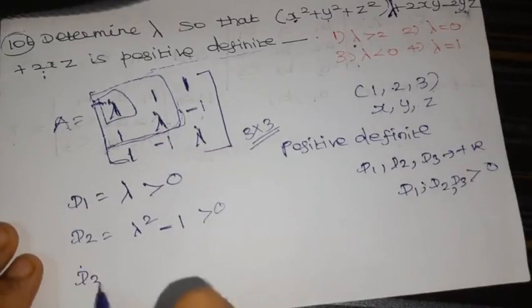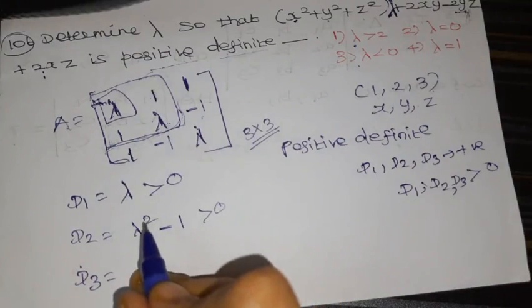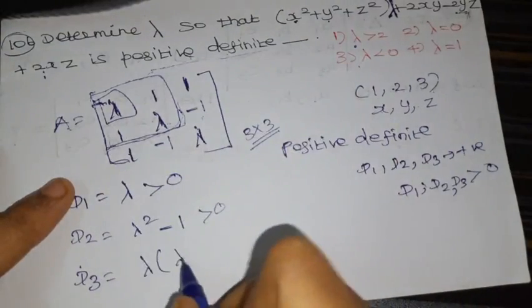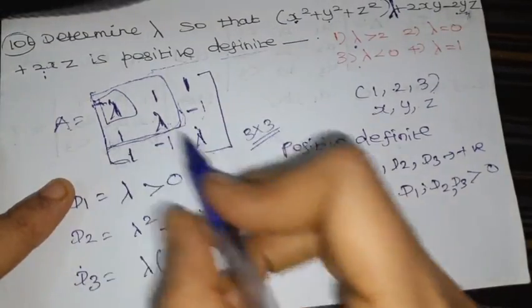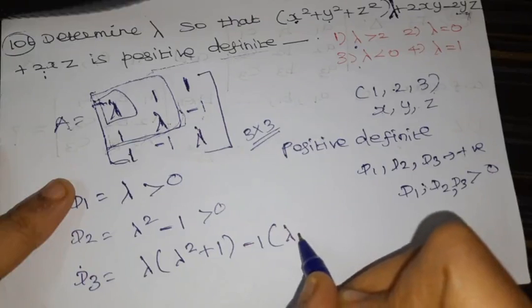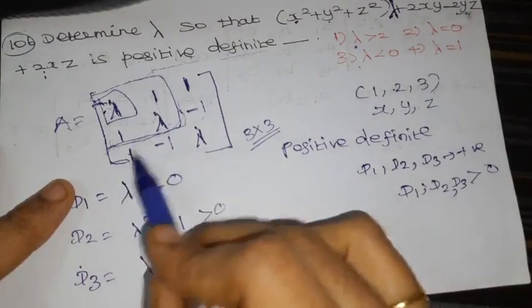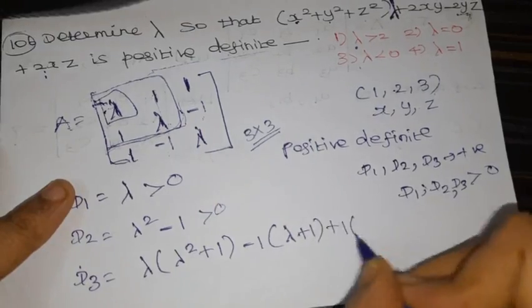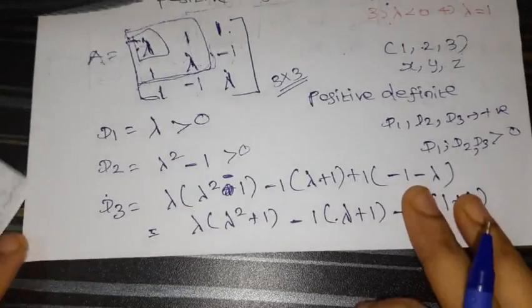Then what is d3? We need the whole 3 cross 3 determinant, so just expand it. What will we get? Lambda into lambda squared minus 1, minus 1 into lambda, plus, here, lambda, minus into minus plus, 1 into minus 1 minus lambda.